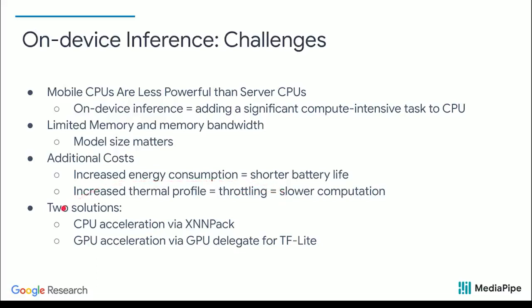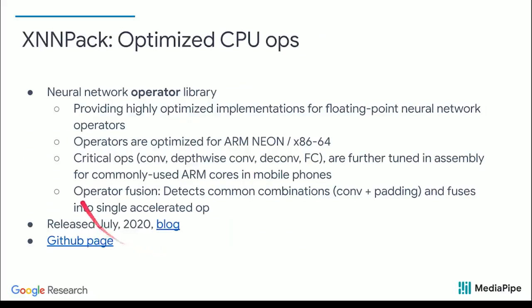We'll be looking at two solutions: CPU acceleration via XNNPack and GPU acceleration via the GPU delegate for TF-Lite. Let's start with XNNPack, which is a neural network operator library that provides highly optimized implementations for various floating point operators. They're optimized for ARM Neon as well as x86. And several critical ops, like the common ones, conv, deconv, fully connected, are further tuned in assembly for ARM cores in mobile phones.